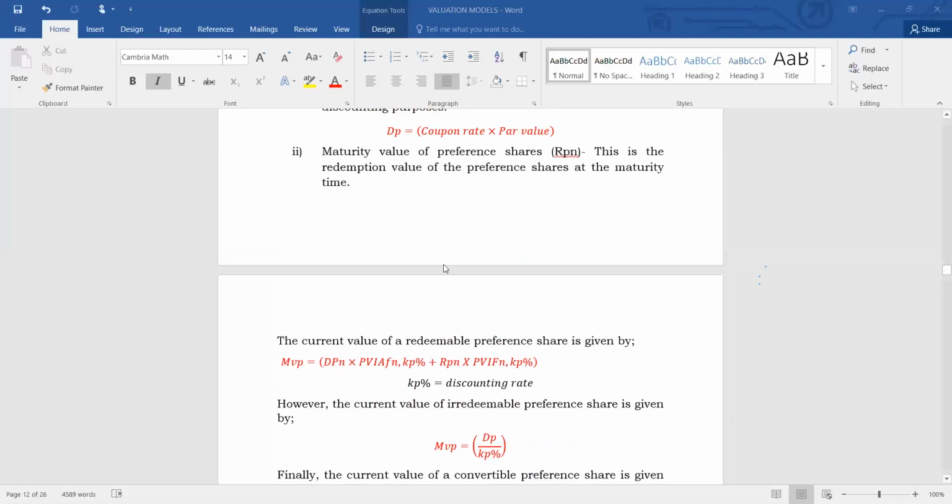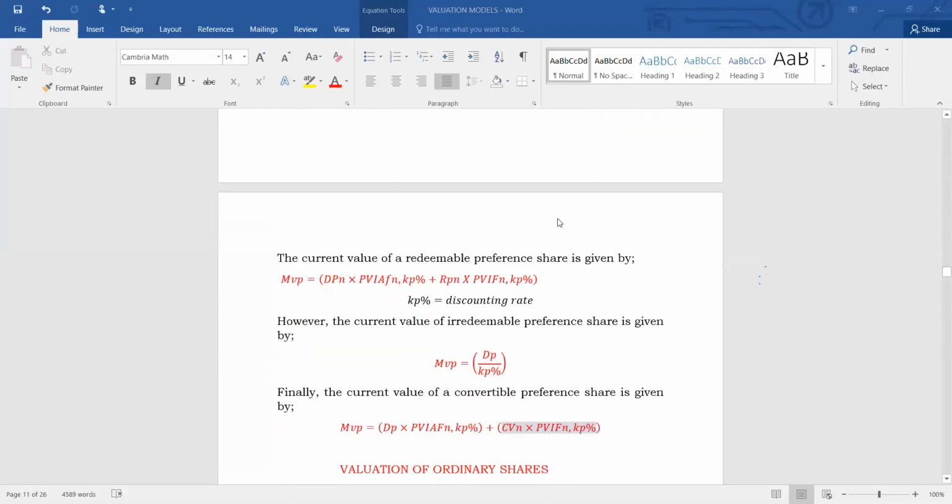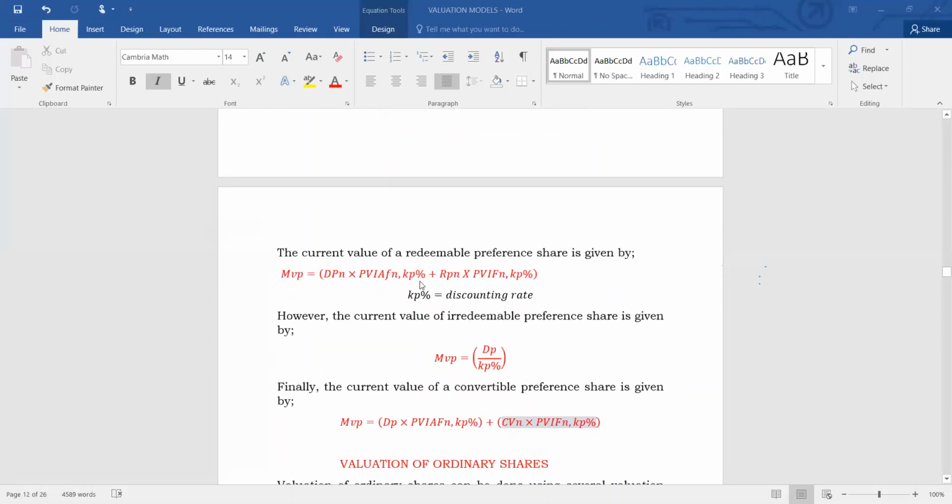Since I went through debentures, I should expect you to connect this to that quickly. Much of my effort today is centered on valuation of ordinary shares. Once we understand how to value ordinary shares, we'll connect this discussion to the next topic, mergers and acquisitions.